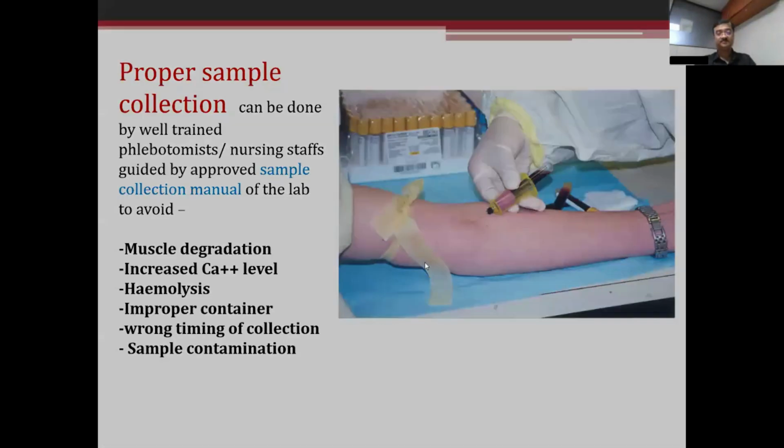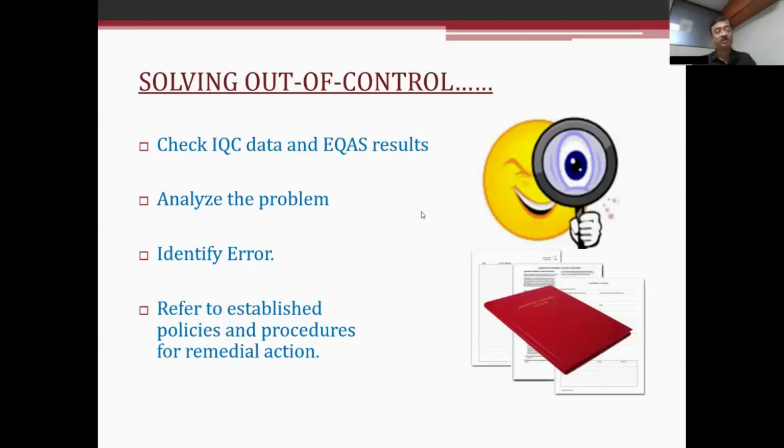So even with just a properly done sample collection manual and proper training of your phlebotomists, you can rectify so many error areas. Now, for out-of-control results, you should check your IQC data and EQAS results very regularly. Not only checking matters; what matters is that you analyze the problem, identify the error, and establish a proper policy to find it out.